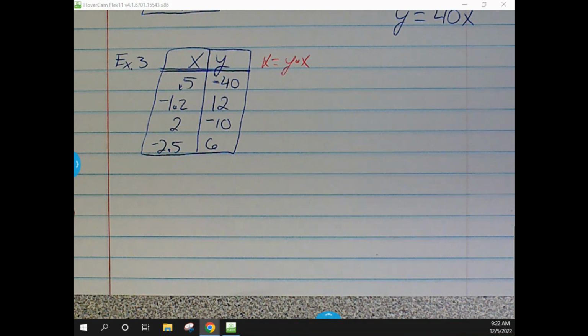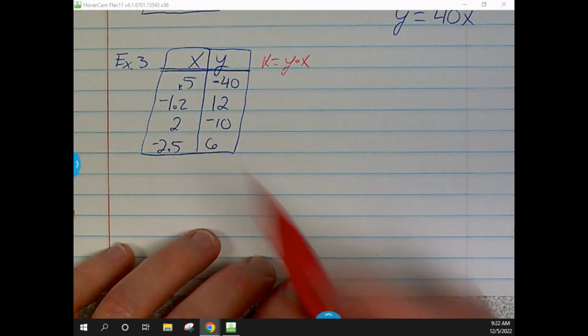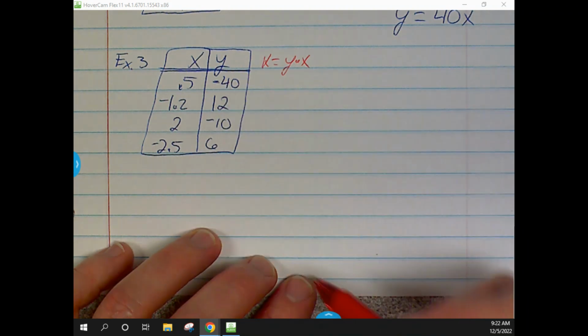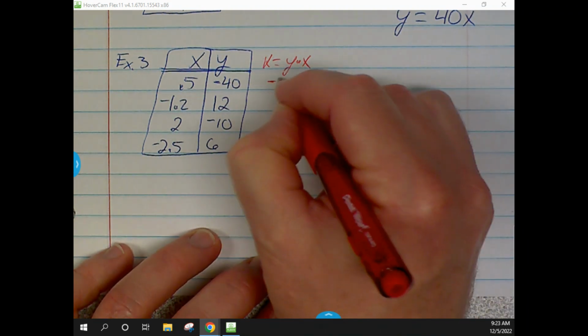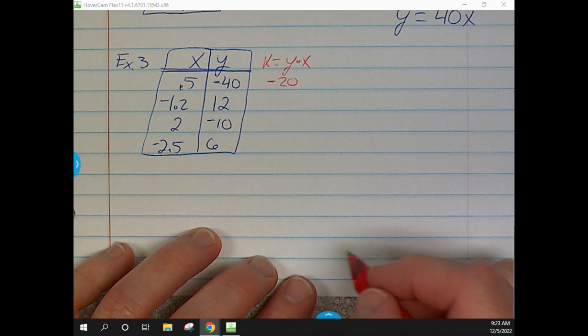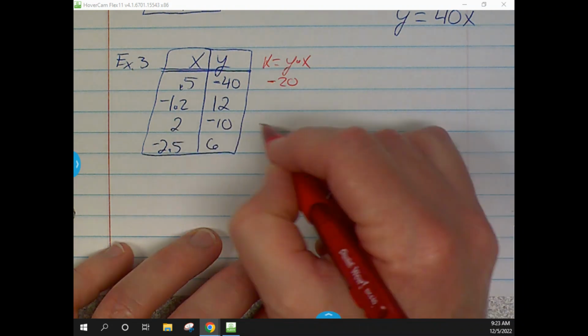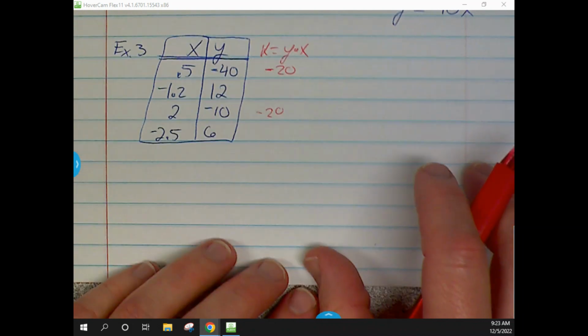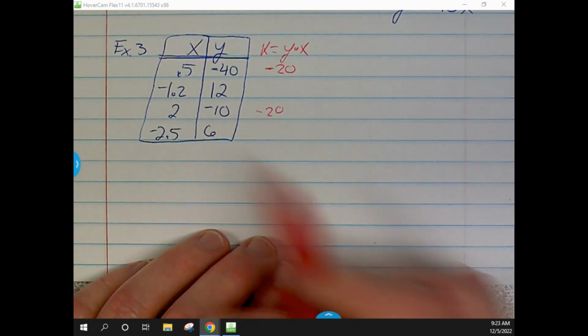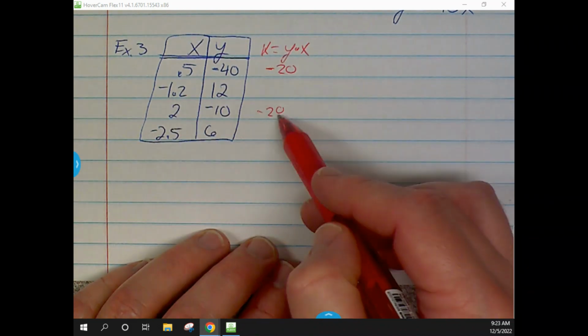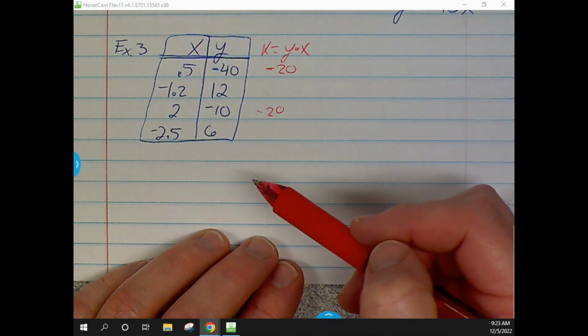And again, you don't have to check every single number, because for this one, what's half of negative 40? Negative 20. If you go the easy part, we've got 2 times negative 10, also negative 20. But you've got to check every single number. If you do negative 1.2 times 12, is that going to be negative 20? No, not even close, right?